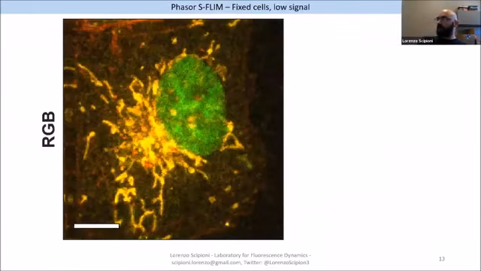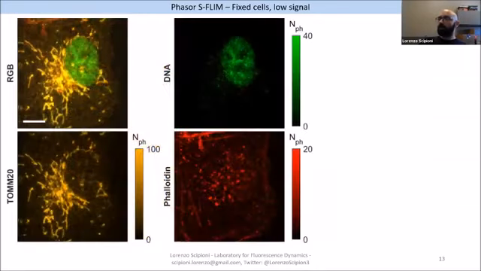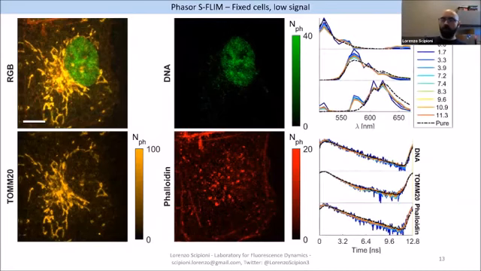Then we want to see how much this works in, let's call them photon-starved images, right? What we did was artificially decreasing the number of photons and see how well the method performs, even when you have very low photons.